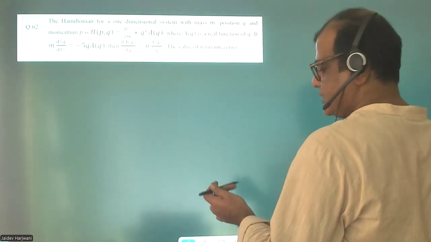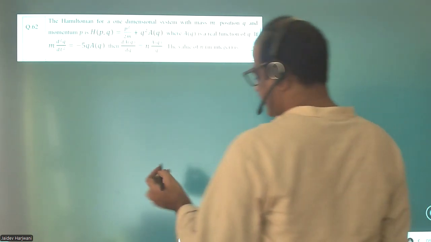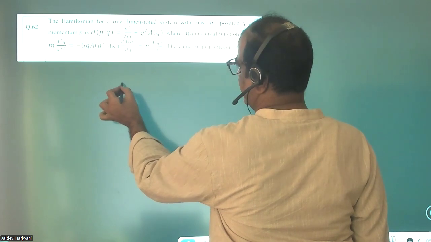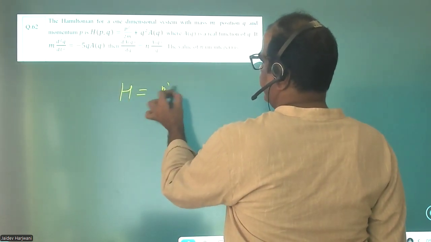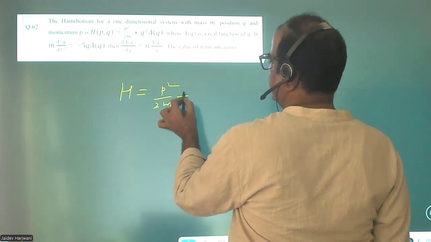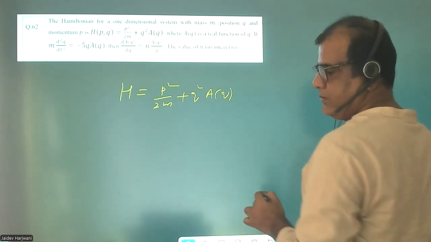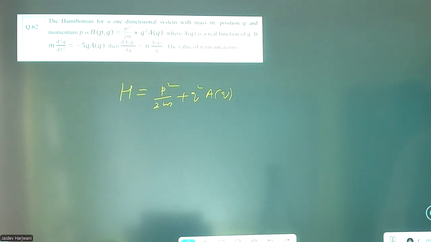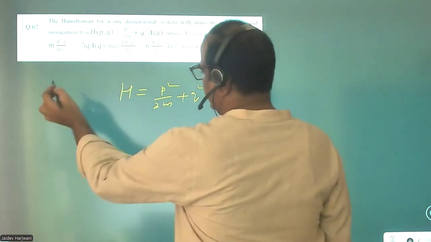So let us see this question now. So you have here the Hamiltonian given, P square upon 2m plus Q square AQ. Okay. Now what I can do, I can write the Hamilton equations.